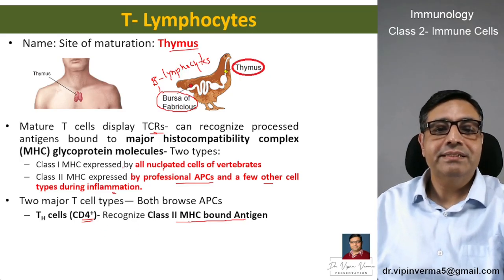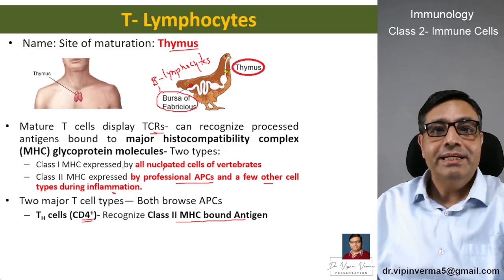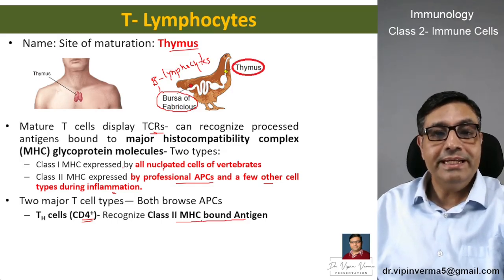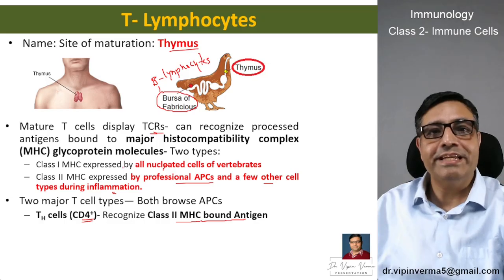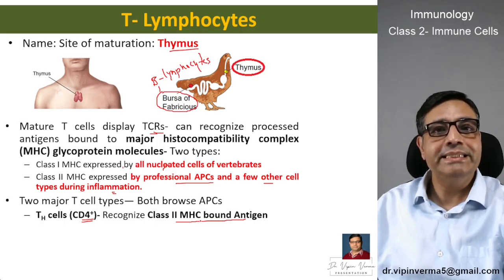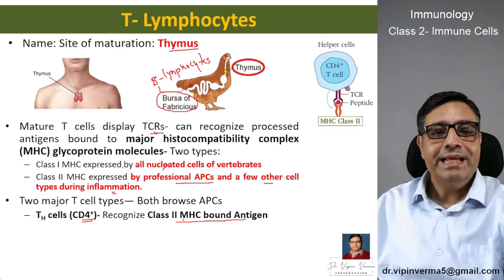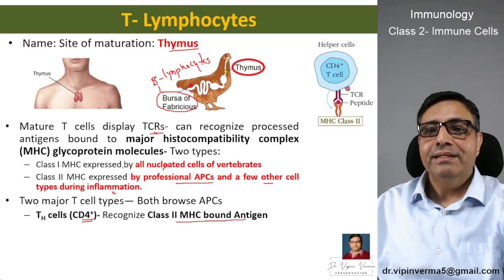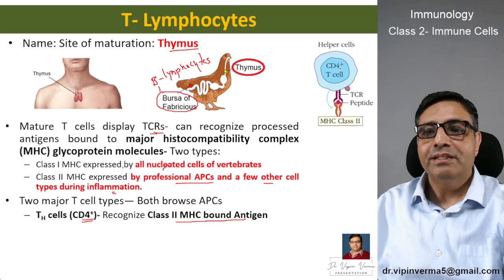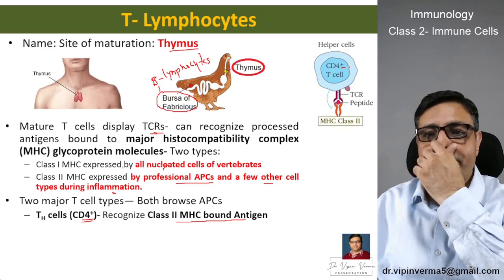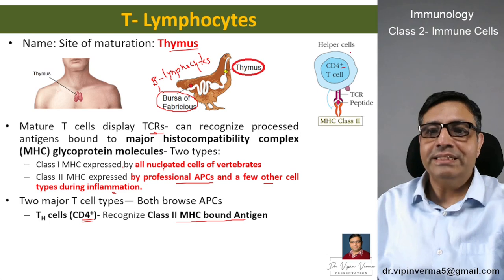Once they recognize class 2 MHC bound antigen, they help in induction of the immune response by activating the TC cells and B cells. So here you can see these are the helper cells, CD4 positive cells. Whether we say CD4 positive cells or T helper cells, both are the same.